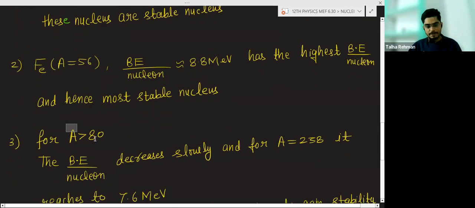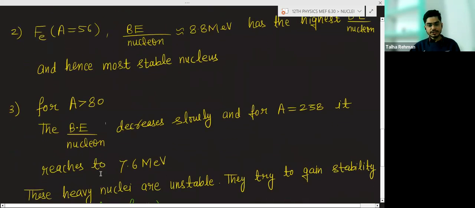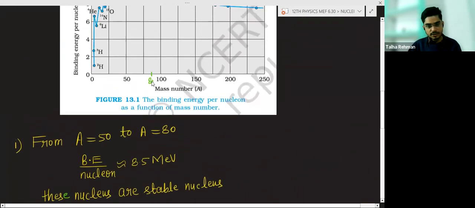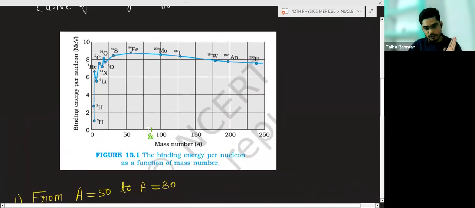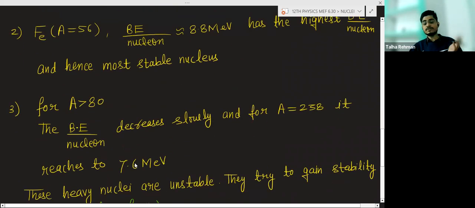Third point, for mass number greater than 80, the binding energy per nucleon decreases slowly, and for mass number 238, it reaches 7.6. From 80, see the binding energy curve, the binding energy per nucleon is decreasing, and finally uranium has a binding energy of 7.6 mega electron volt.